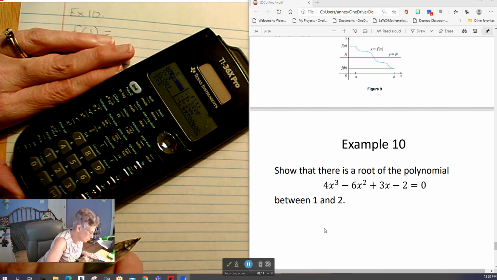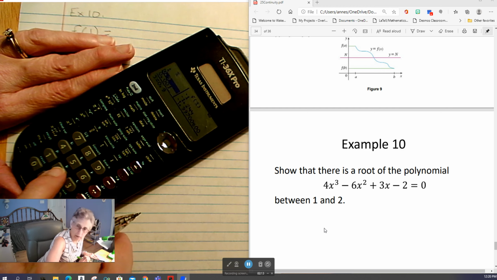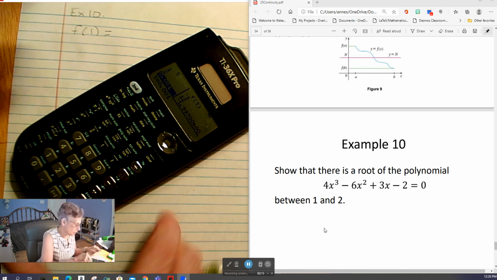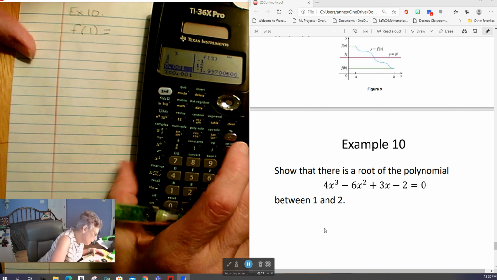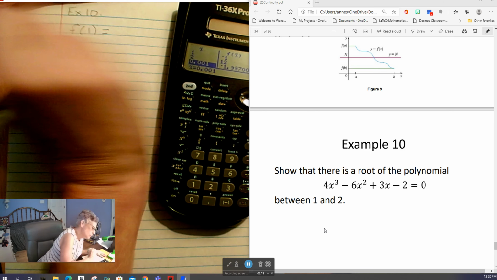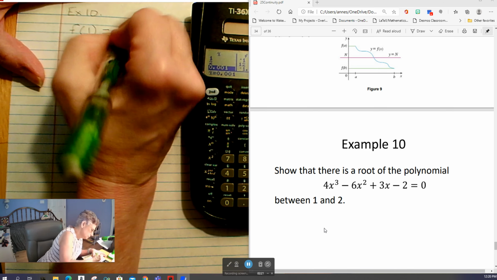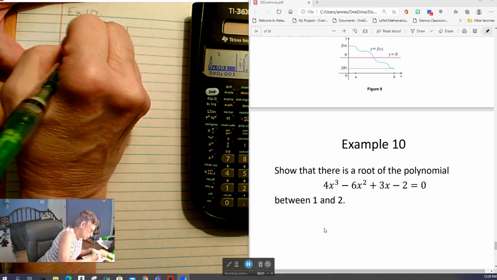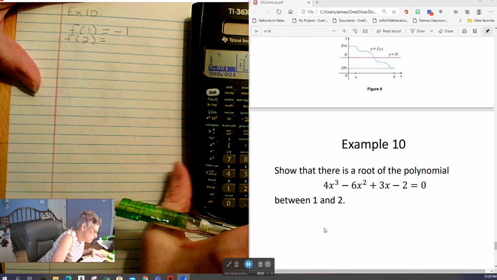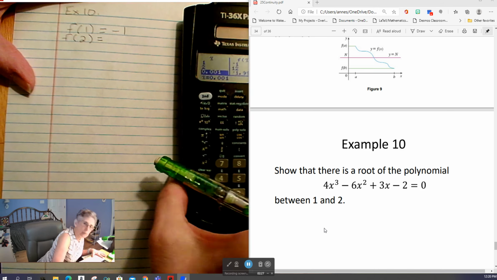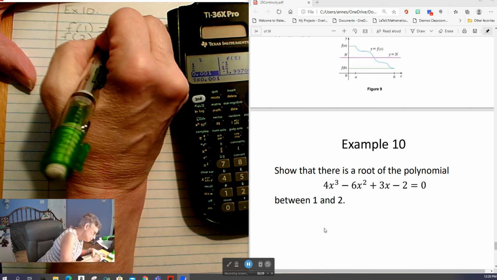I want to plug in 1 and I want to plug in 2. So at 1 it's equal to negative 1. F of 2 is equal to 12.